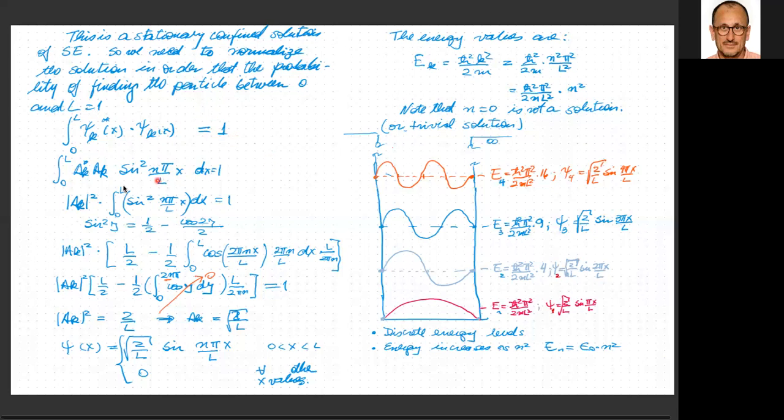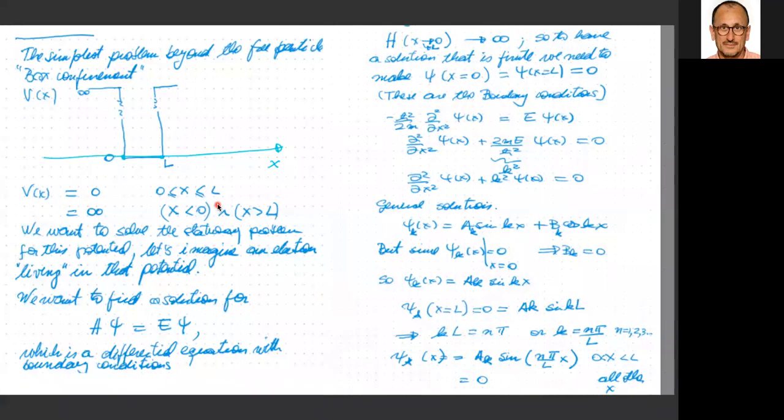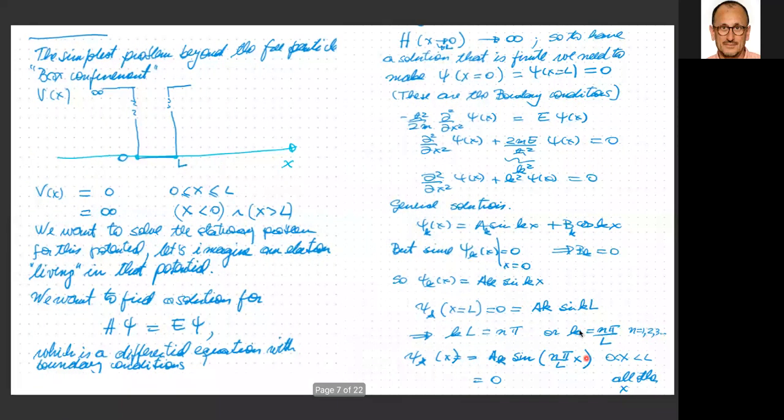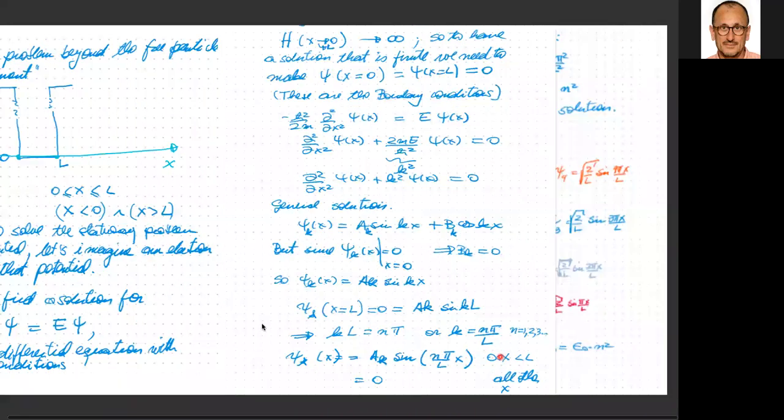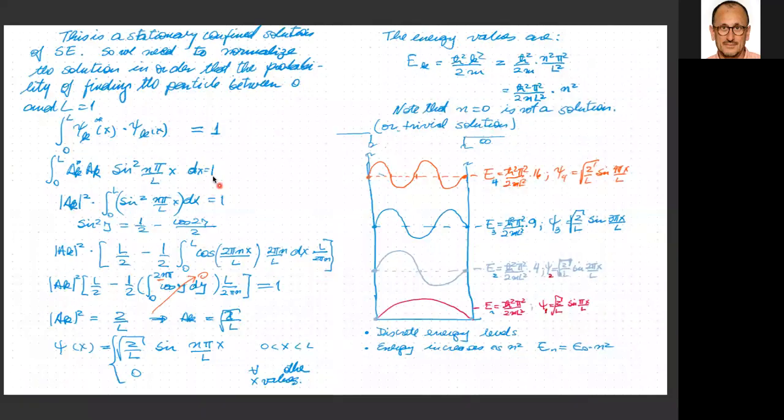Much better. So if I replace my solution, that's A_k times sine squared of the argument times dx. This is the nth solution that we just found. I square that and integrate over this region. That should be 1.